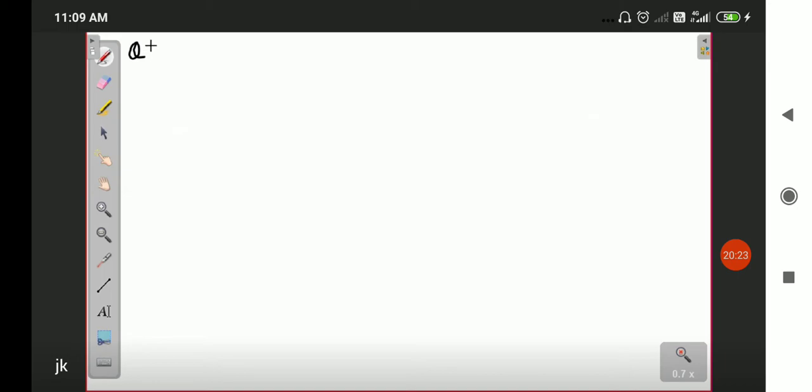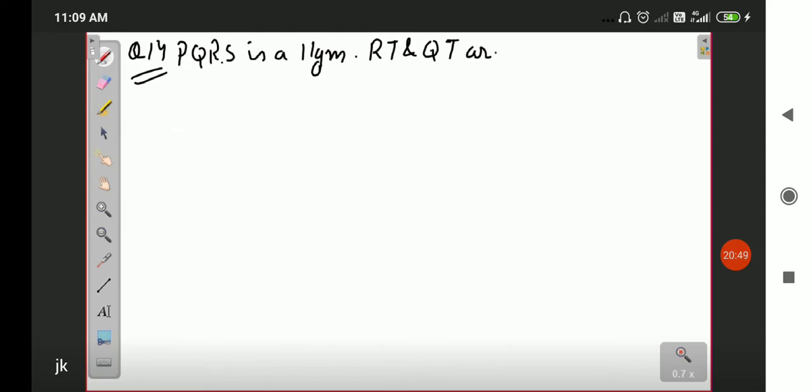Next is question number 14. In the given figure, PQRS is a parallelogram. I will draw the figure shortly. RT and QT are bisectors of angle Q and angle R, meeting at T. By bisectors, we mean angle bisectors. What are angle bisectors?